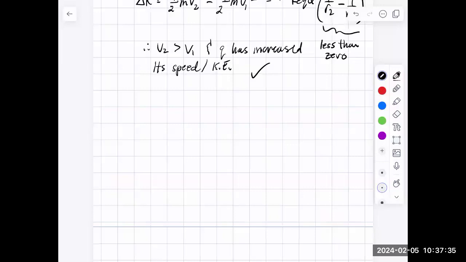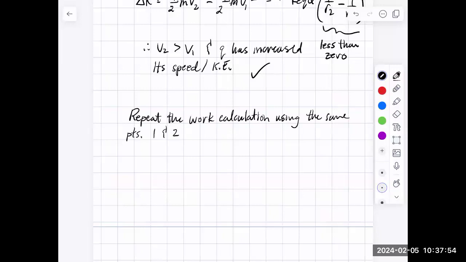All right, so let's repeat the work calculation using the same points 1 and 2, but a different path between them.